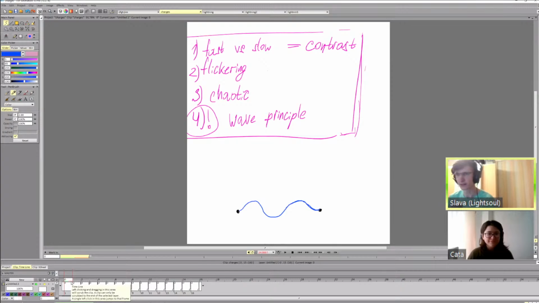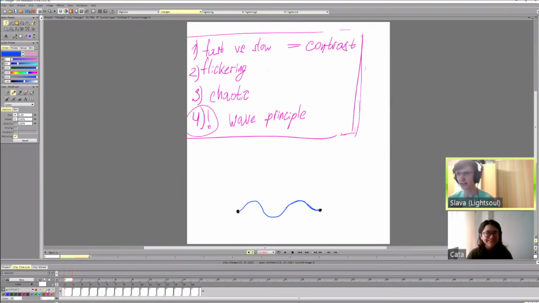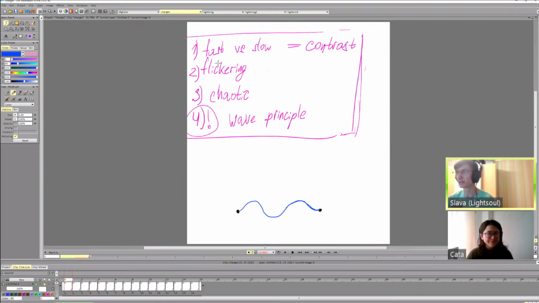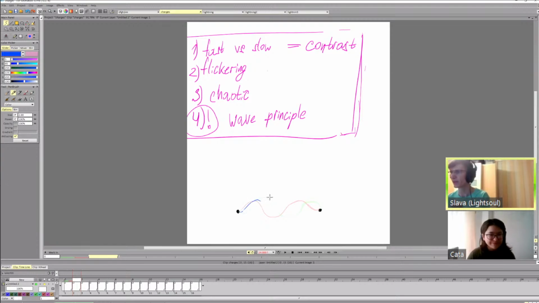Now I'll save this and duplicate the layer just in case. Now let's add the second scene, which was the first thing. So fast versus slow. So now everything is fast and nothing is slow. So let's add in some places, instead of an empty frame, a slower motion or a slower change between the frames.